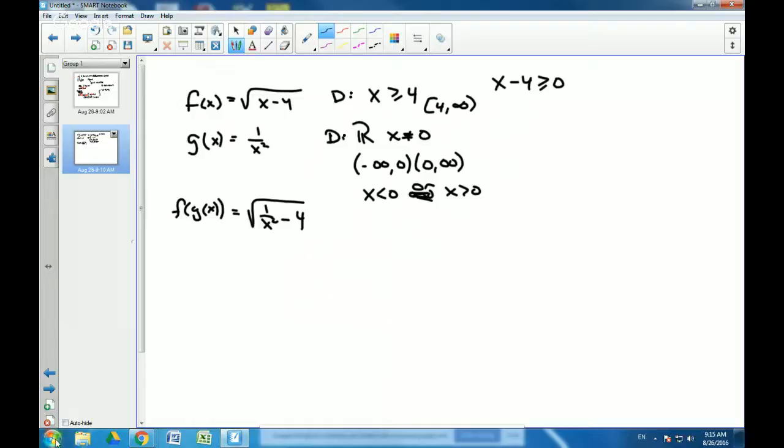You don't have to do anything else for the composition. It would be the same thing backwards, g of f of x, where the square and the square root would cancel, but that's about as far as you can go. What is the domain of this function?